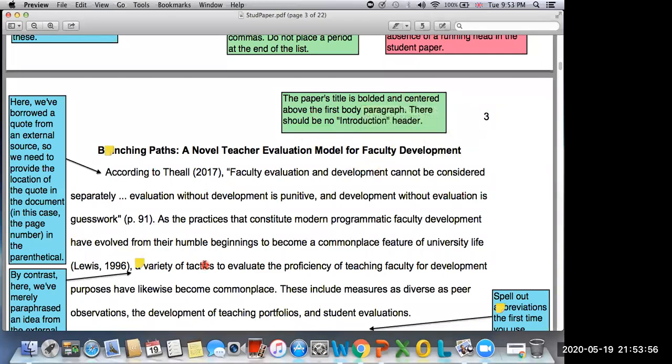But one of the common mistakes is that students introduce or put their introduction header. They write the first part under the heading introduction, and according to APA style, this should not be so, right? So you should include instead your title, placed here on page 3.